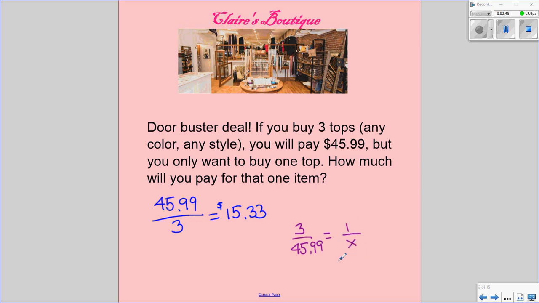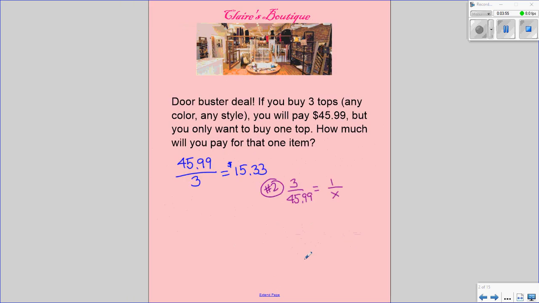How much will 1 be? So that's where you would cross multiply. So I'm going to put option 2. You would cross multiply, so you get 3x. And the same thing like you did for option 1, you would divide the 3 into $45.99 and get $15.33 for 1 top.